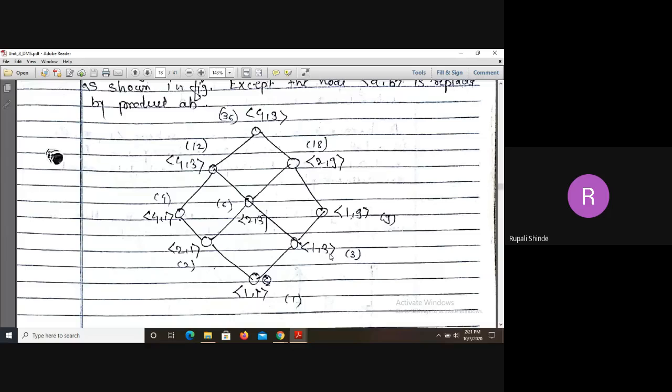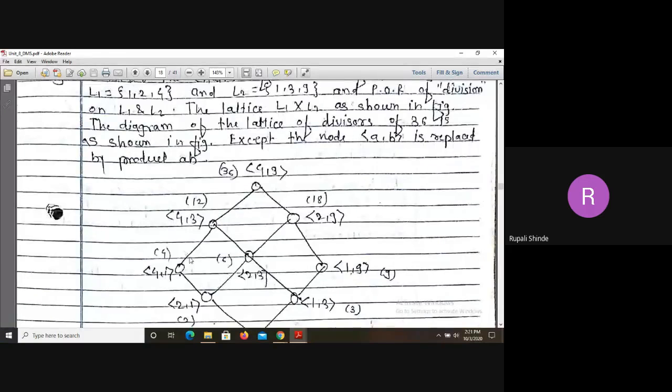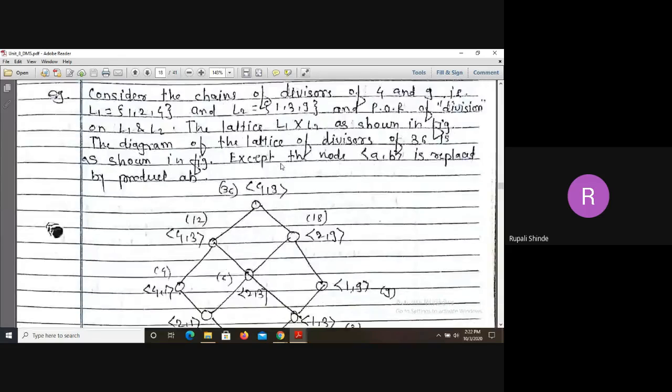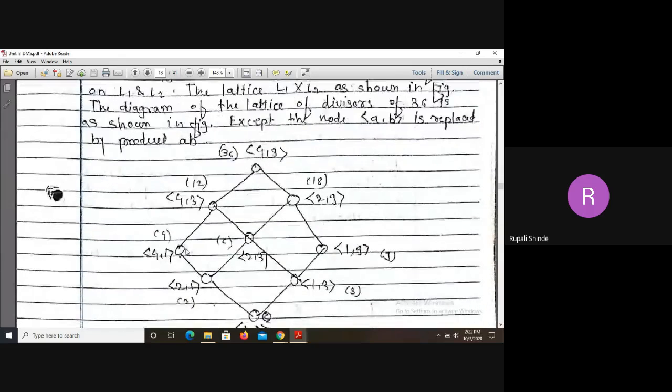Then 1 comma 3, for this ordered pair the answer is 3. 1 comma 9, it is 9. Again, for the second element 2, we can write elements like 2,1; 2,3; 2,9. And for 4, we can write 4,1; 4,3; and 4,9. So in this way, we can construct a direct product lattice.